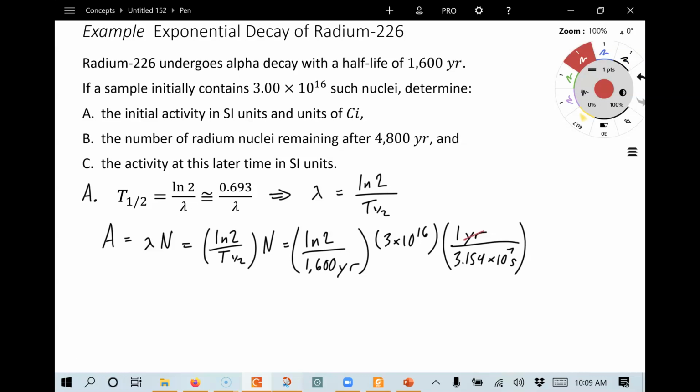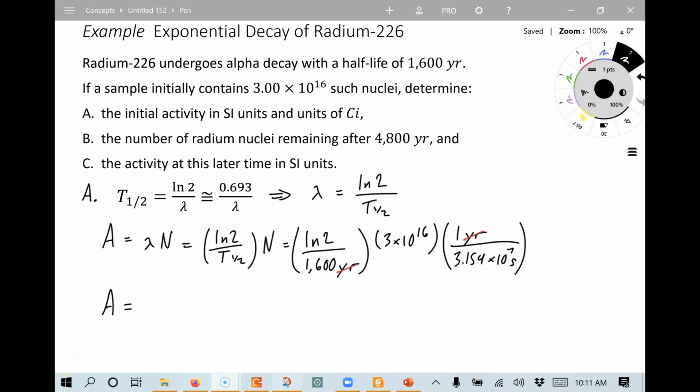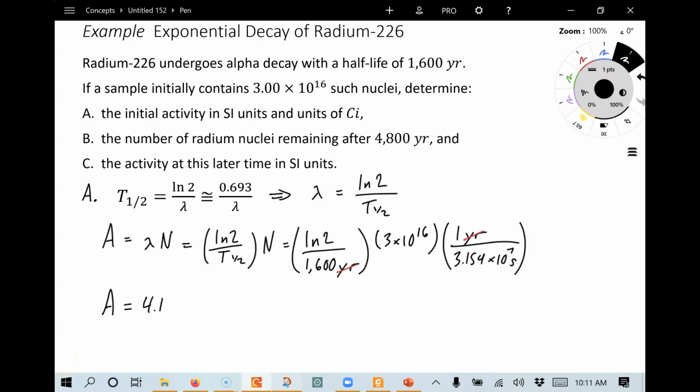Cancel our years out, and we're going to get an answer here. And this comes out to 4.12 times 10 to the 5th, and that's 1 per second. What that means is decays per second.